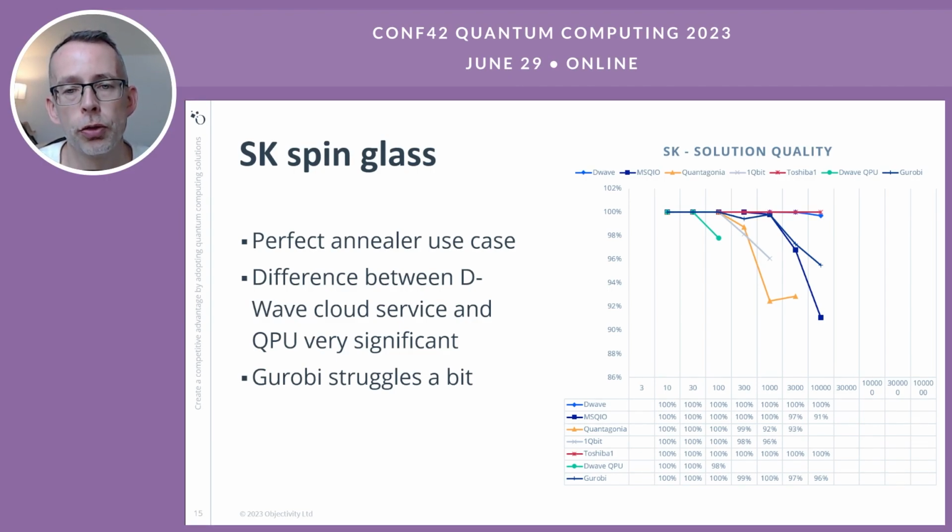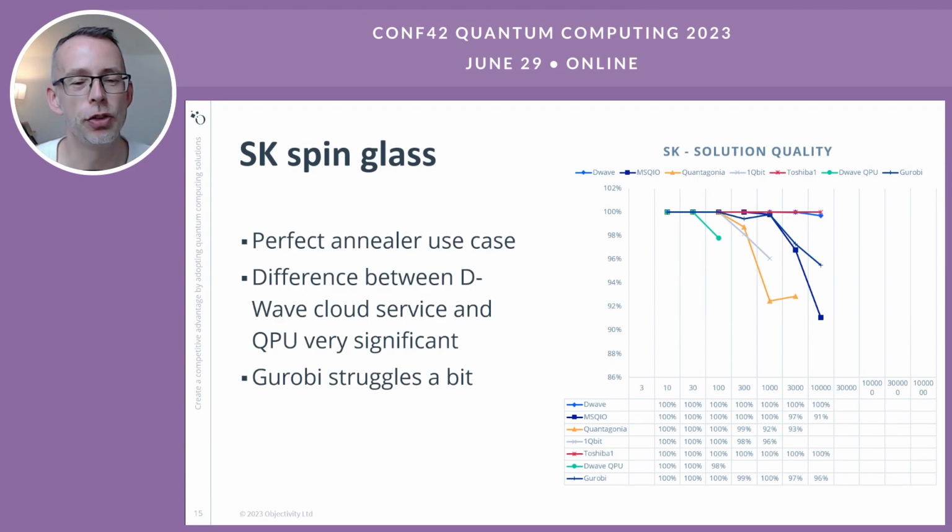Did pretty well, but started to drop off really at size 1,000, and beyond 3,000 you start to hit the limit of the hardware. 1 qubit, which is also available on Azure, didn't scale terribly well, performed similar to Quantagonia, but actually didn't really scale fantastically well.